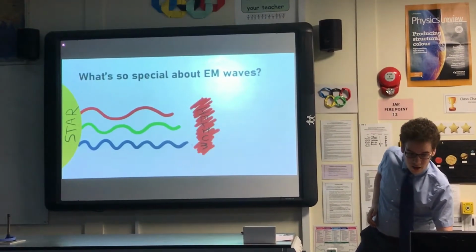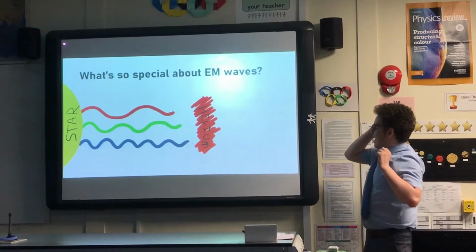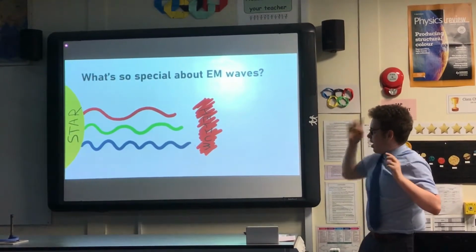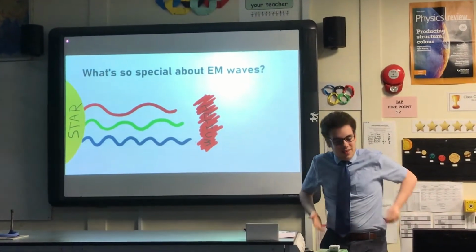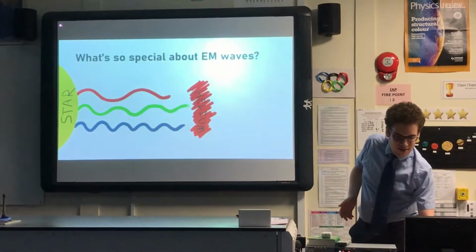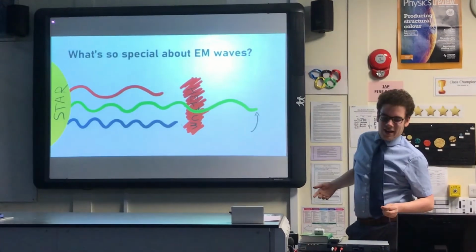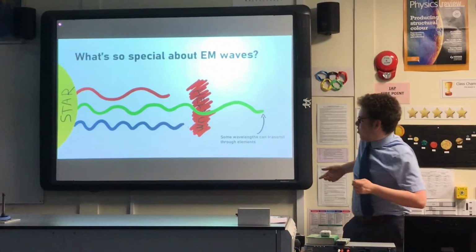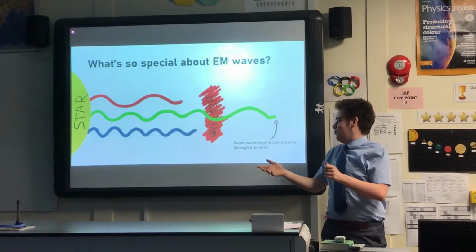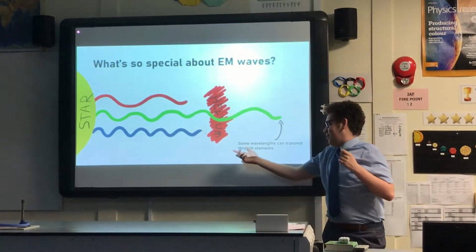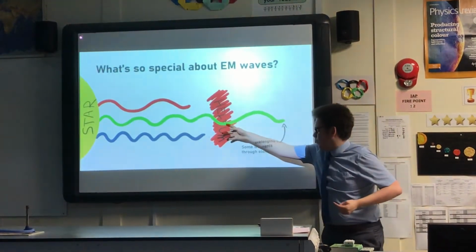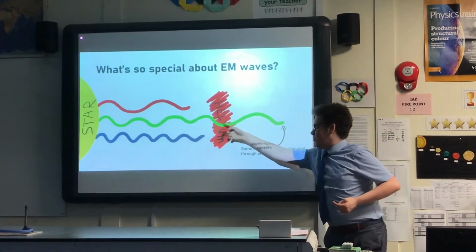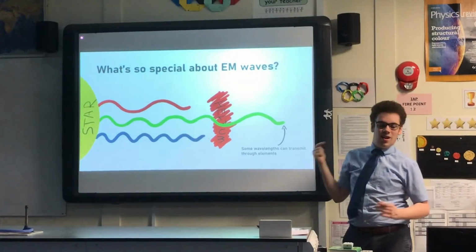Now, when radiation interacts specifically with a gas, some things can happen with that radiation. One of the things that can happen is that specific wavelengths pass through that gas, otherwise known as transmit through that gas. So this green wave right here passed through the helium quite easily.